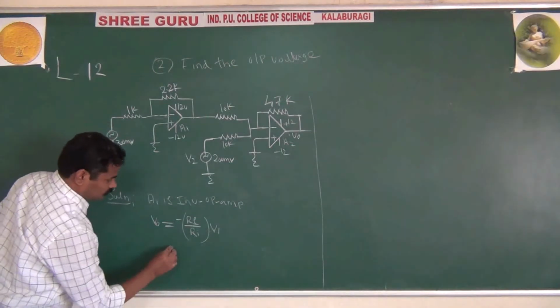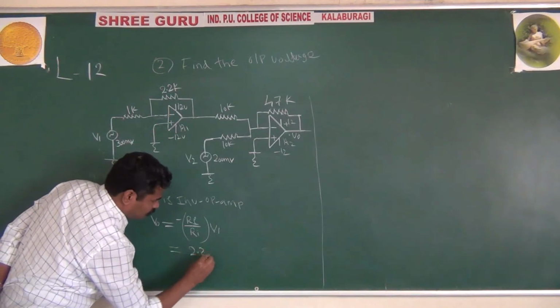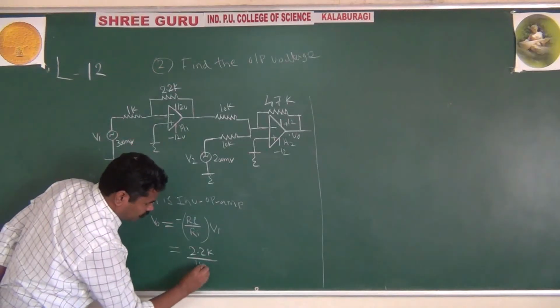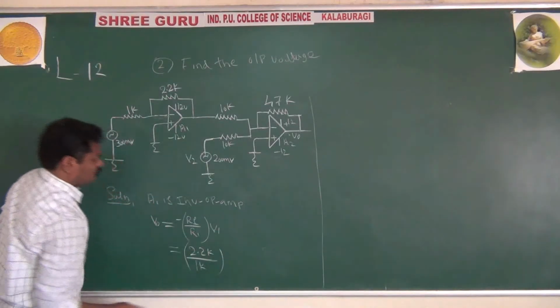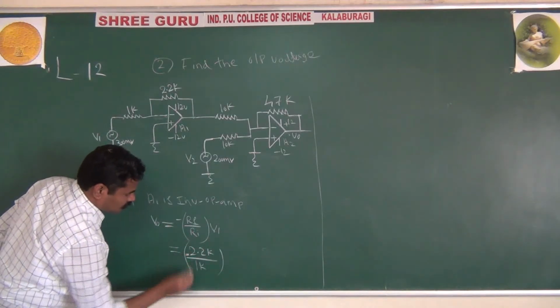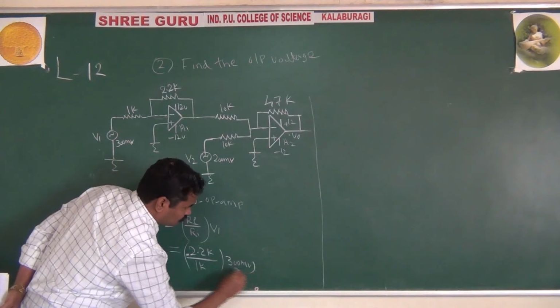And here Rf is 2.2K by 1K, and into how much they gave, 300 millivolts, with the minus sign.